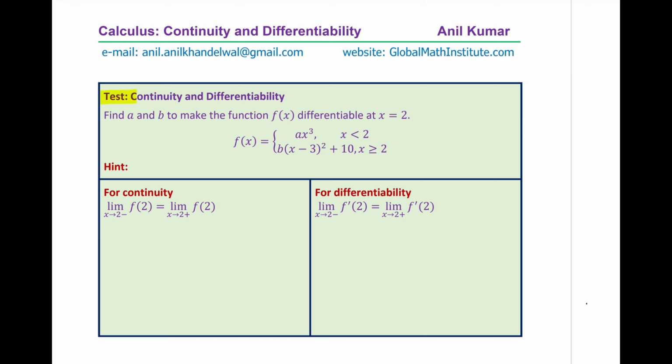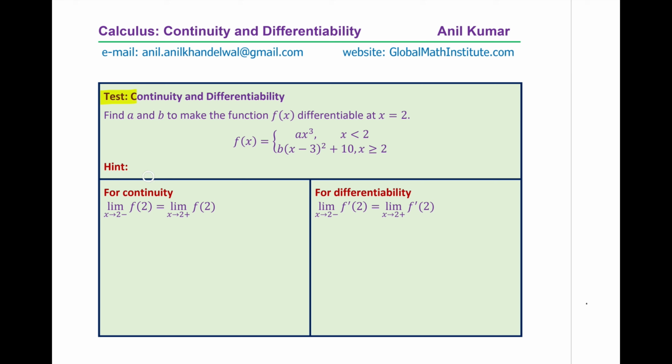You have to find the values of a and b to make this function differentiable at x equals 2, right? Not just continuous, differentiable. So f of x is equal to a x cubed when x is less than 2, and f of x equals b times (x minus 3) whole squared plus 10 when x is greater than or equal to 2.